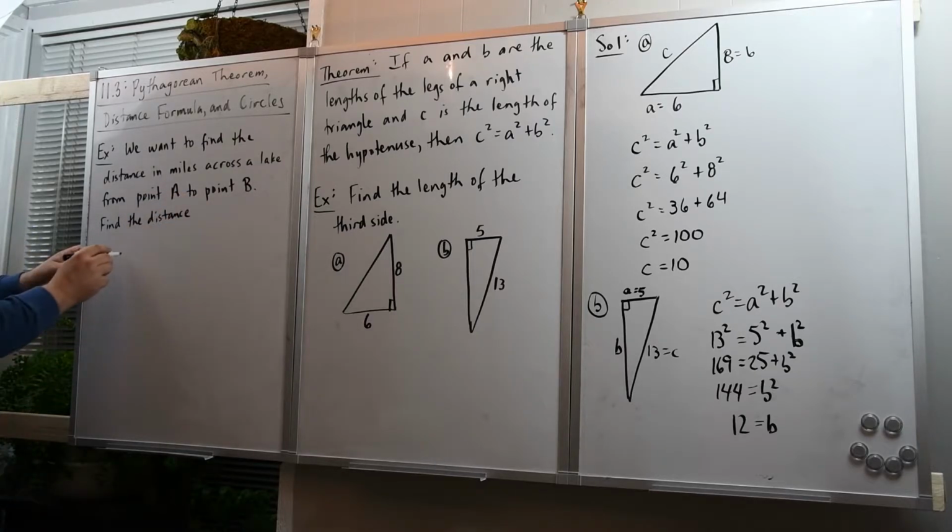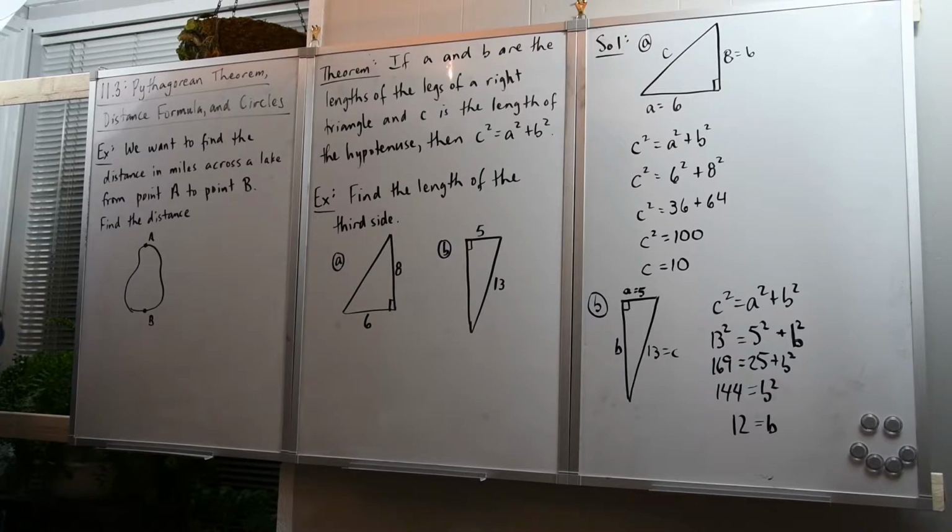And let's suppose that the lake is going to look something like this. And maybe we have our point B here, maybe we have our point A here. And it's this distance across that we're going to want to find.